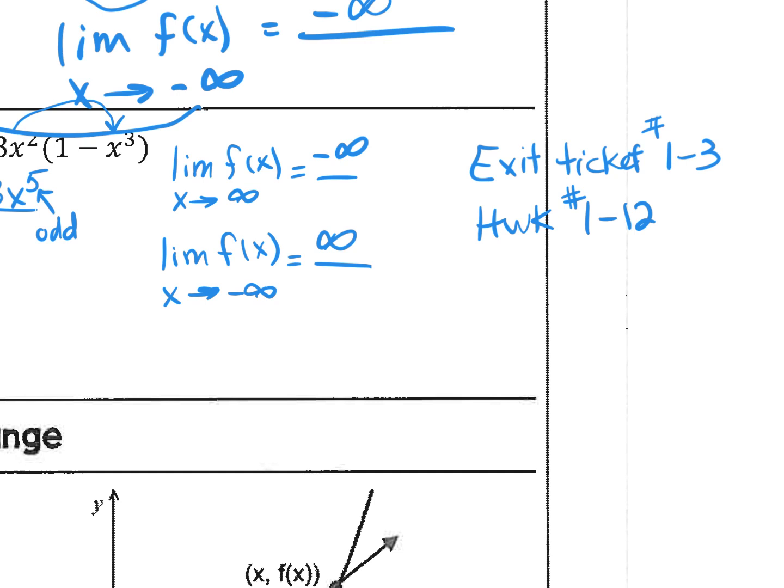So a jump discontinuity is always going to happen with a piecewise function, but a piecewise function is not always going to have a jump discontinuity. So you look first at whether it's piecewise or not. If it's not piecewise, then it can't be jumped. And then if it is piecewise, then we check those points and see can it work. Okay? All right.